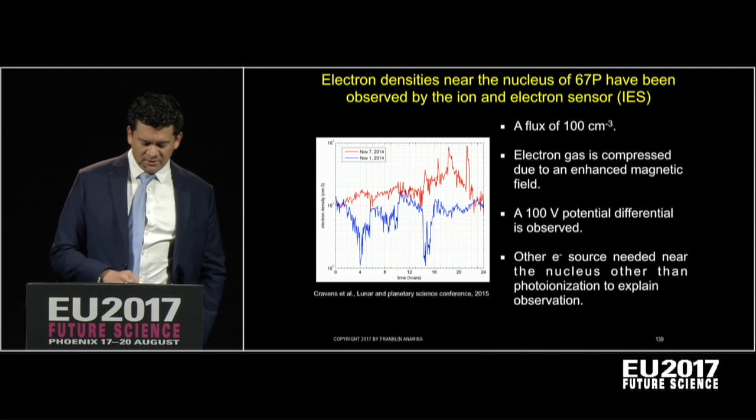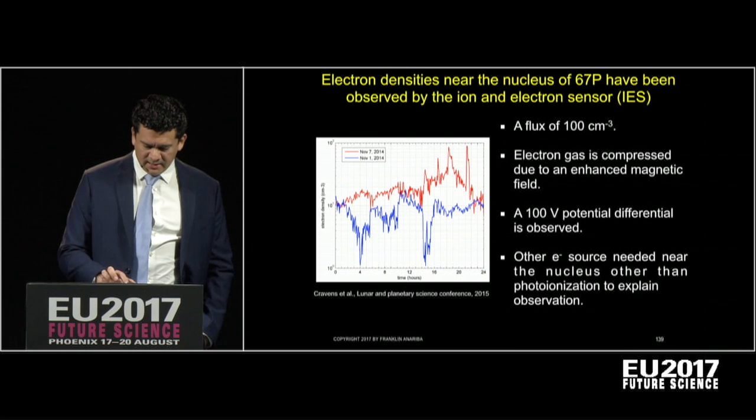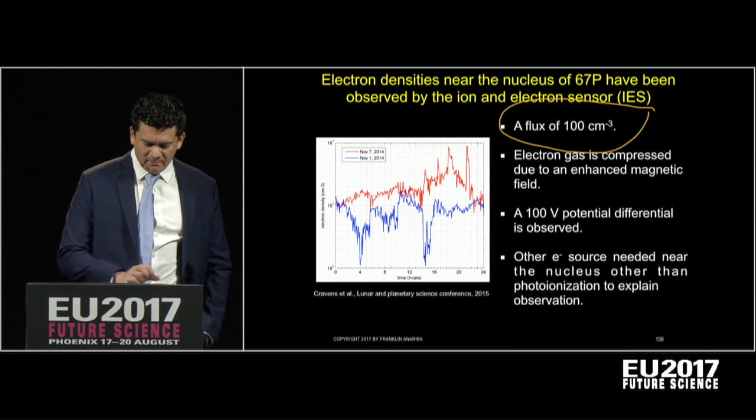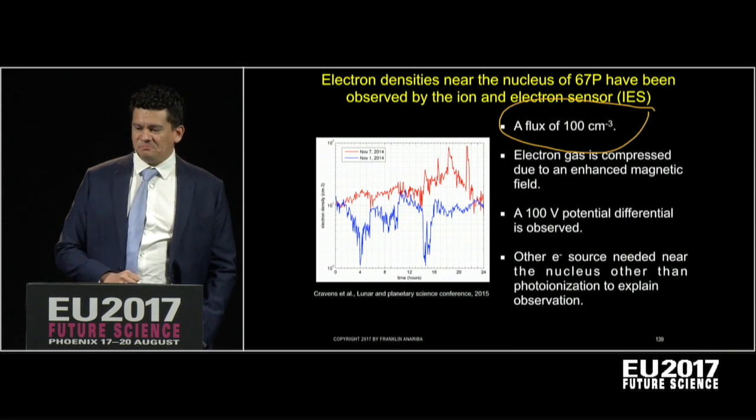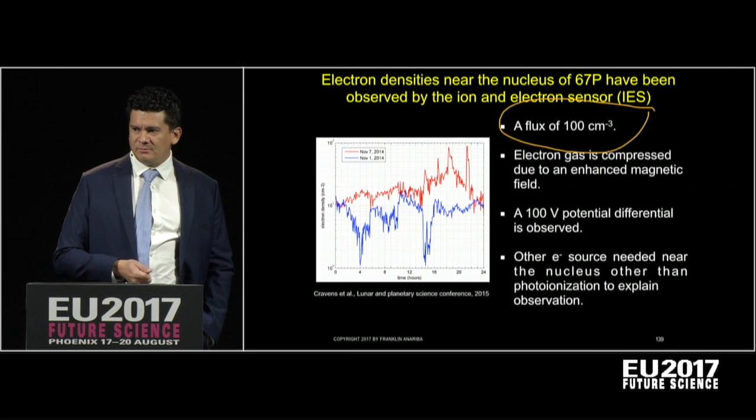This is actually a very old slide. I think I used it last time. Just to highlight, at the time we were talking about maybe a flux of 100 electrons per volume. But this number has changed now, maybe to 1,000, maybe to 10,000 per volume.